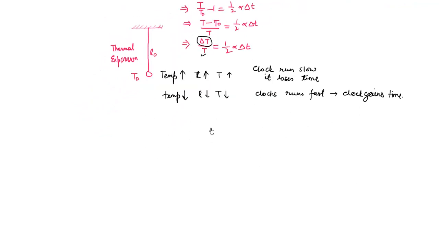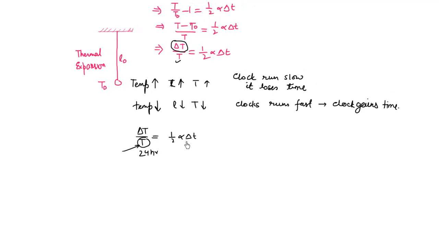Now delta T by T is half alpha delta T. If I take this time T as 24 hours, I mean if the total time is 24 hours, this gives the time lost or gained in 24 hours.